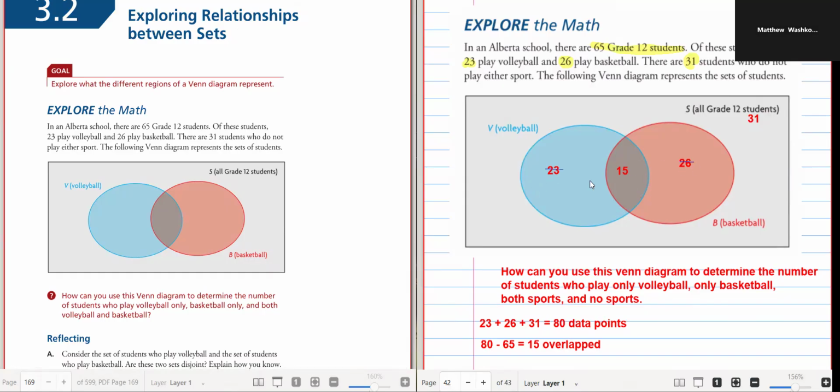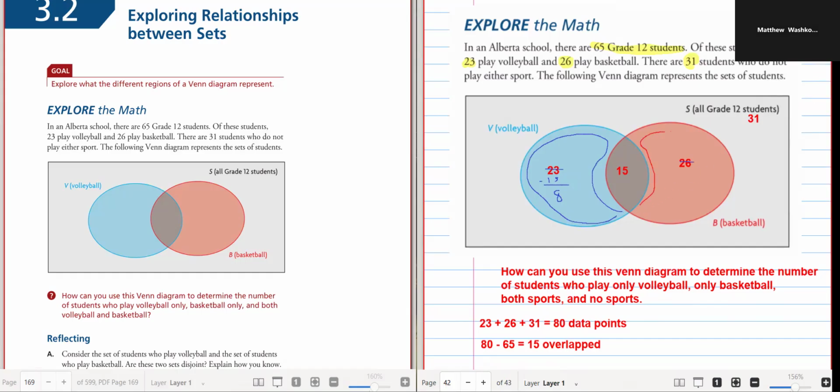Because remember, some of these people are filtered in there. Some people play both. 15 people play both. So actually, we know at least 15 of our volleyball players also play basketball, which means there's 8 people who only play volleyball.